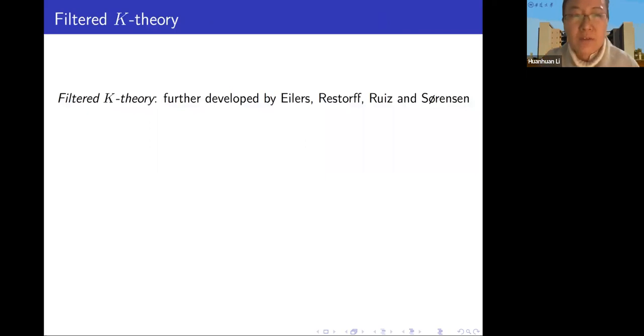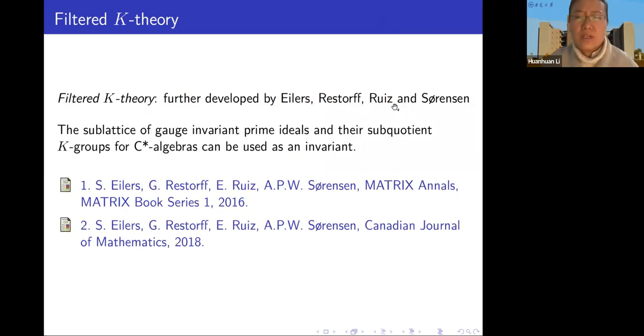So in the following part we talk about filtered K-theory. Actually, it was further developed by Eilers, Restorff, Ruiz, and Sørensen. The sublattice of gauge invariant prime ideals and their subquotient K-groups for C-star algebras can be used as an invariant. Here are the two papers about this filtered K-theory.